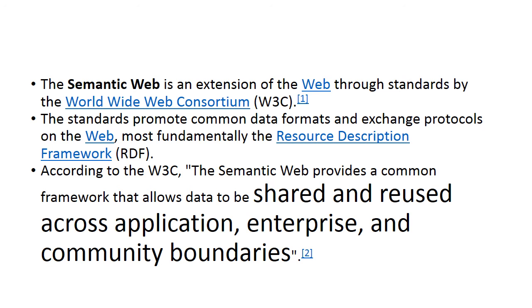According to the World Wide Web Consortium, W3C, the semantic web provides a common framework that allows data to be shared and reused across different applications, within an enterprise, and also across community boundaries. So here's your introduction to BibFrame. See you in class.